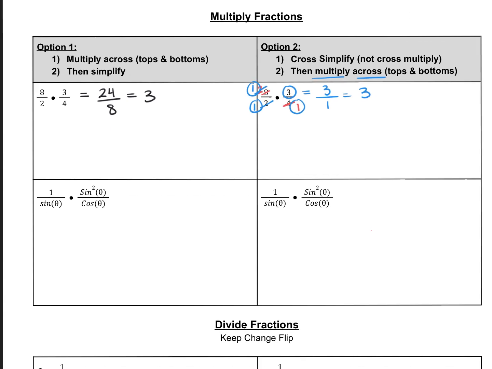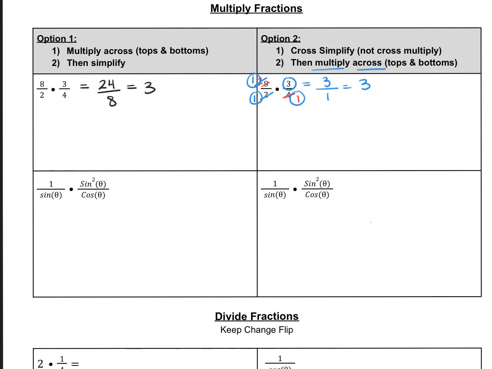So now how would this apply with trigonometry? Same thing. We're going to multiply straight across in option 1. So 1 times sine squared theta is sine squared theta. Now, on the bottom, we're going to multiply sine of theta times cos of theta.